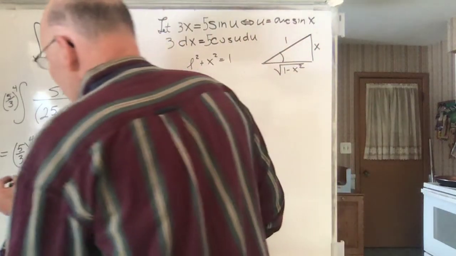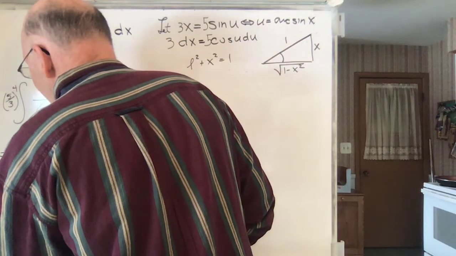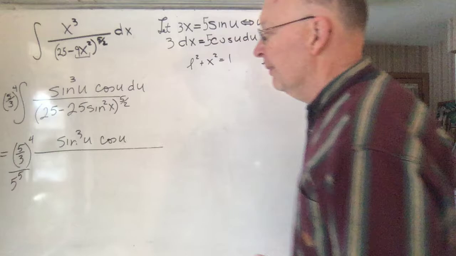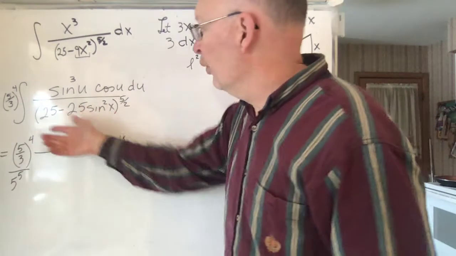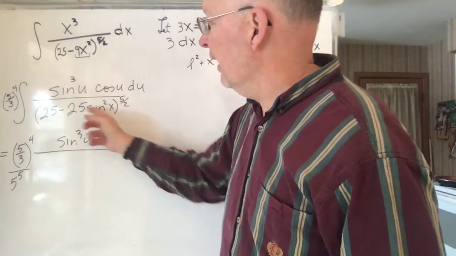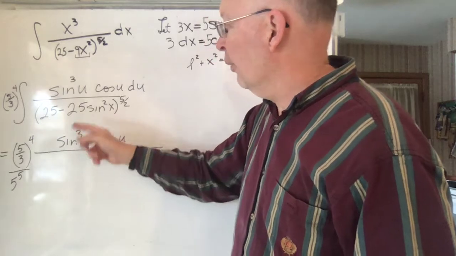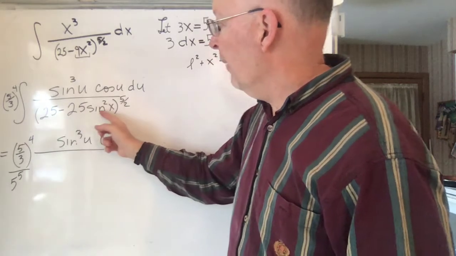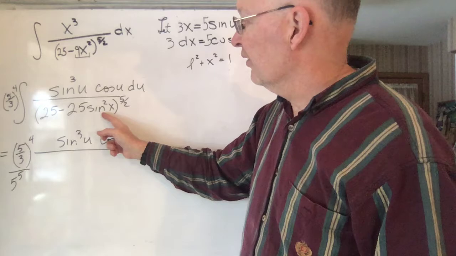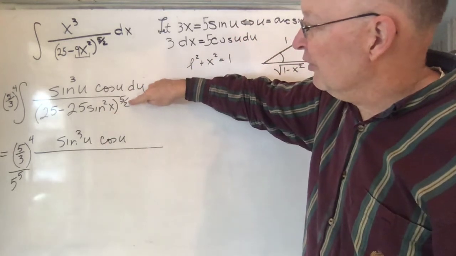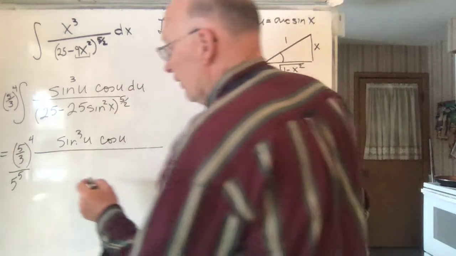So when it comes out, it's going to become a 5 to the 5th out there. See that? So now I've gotten rid of all those constants, and now I have just what I had before. I have a 1 there and a 1 there. So what do I have? 1 minus sine squared is cosine squared. This makes it cosine to the 5th.